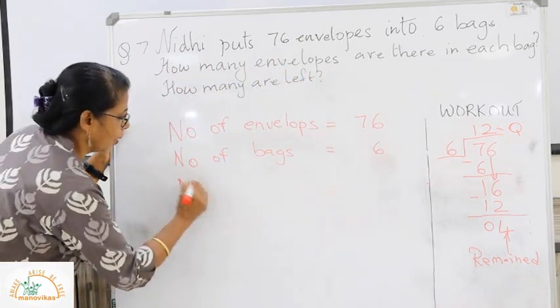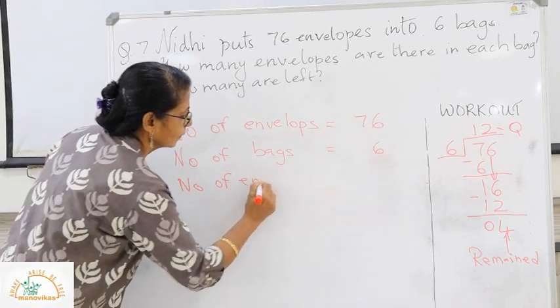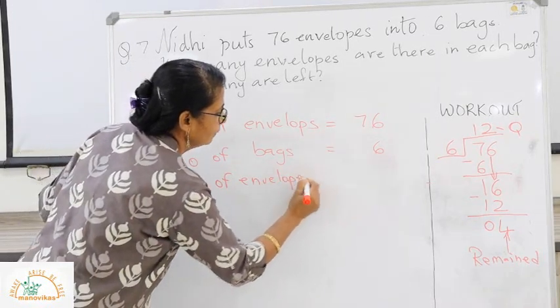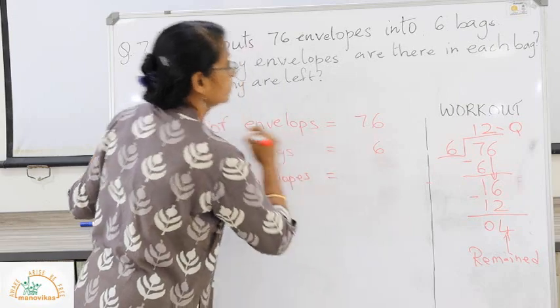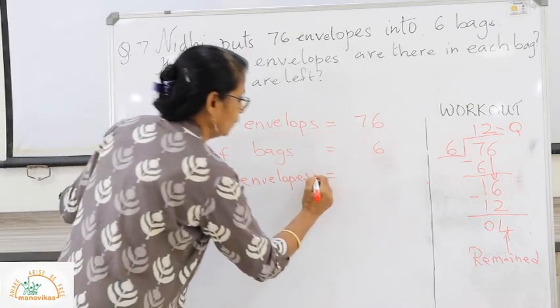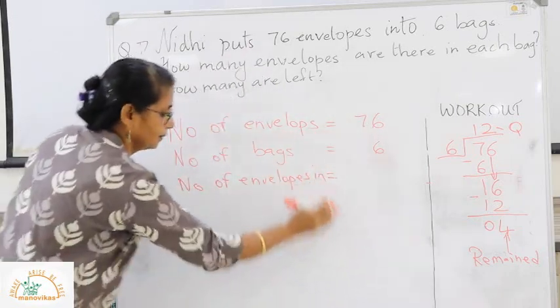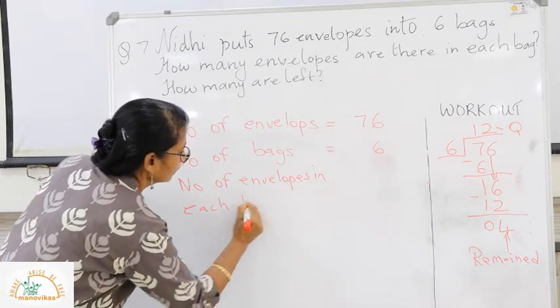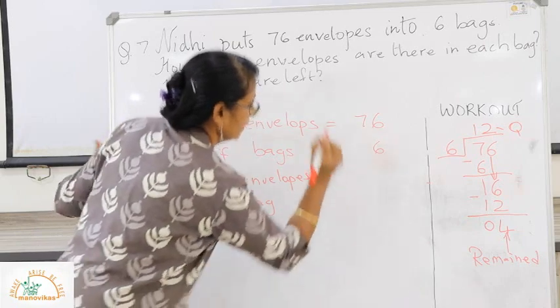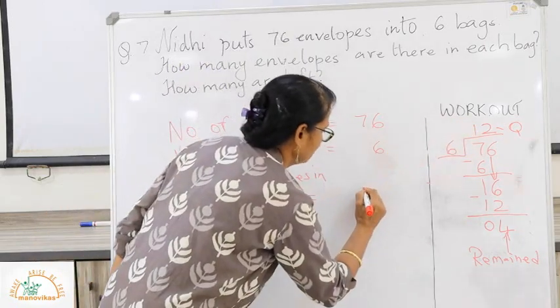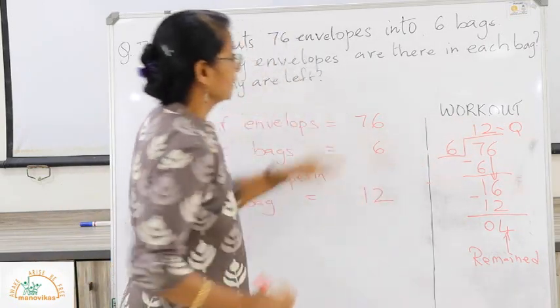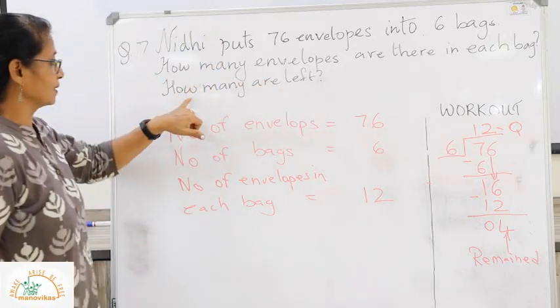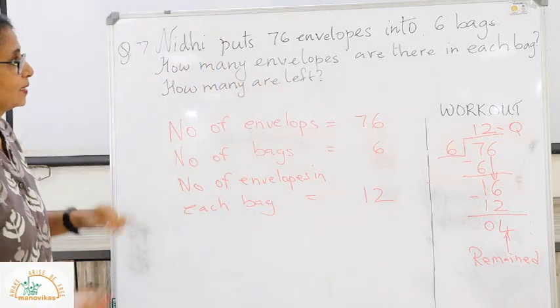So, number of envelopes in each bag is equal to 12. What did we get? 12. Then our next question is how many are left?